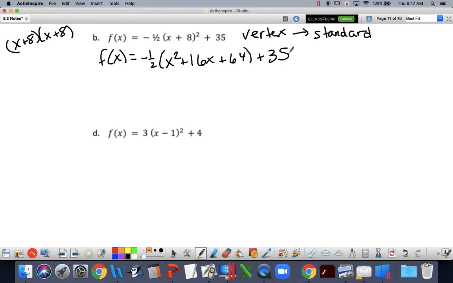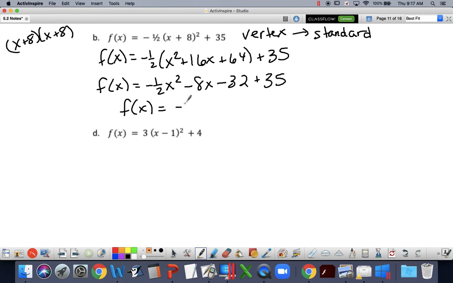This plus 35 is not part of the distributing deal. So I get f of x equals negative 1/2 x squared minus 8x minus 32. And now I'm going to go ahead and add that 35 together. So my final answer that I get out, the standard form of this function, is negative 1/2 x squared minus 8x plus 3.